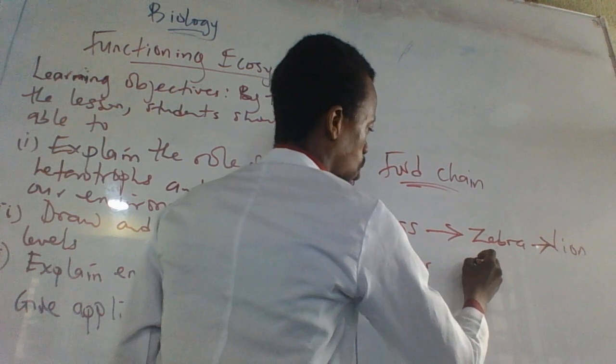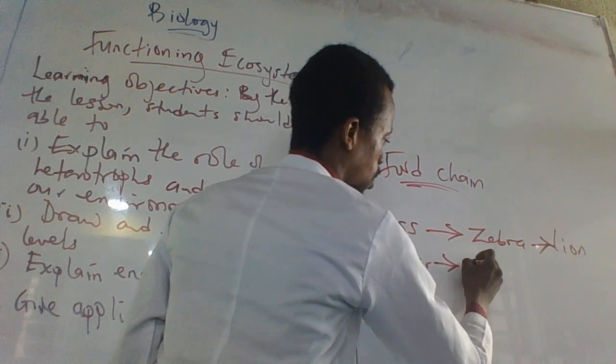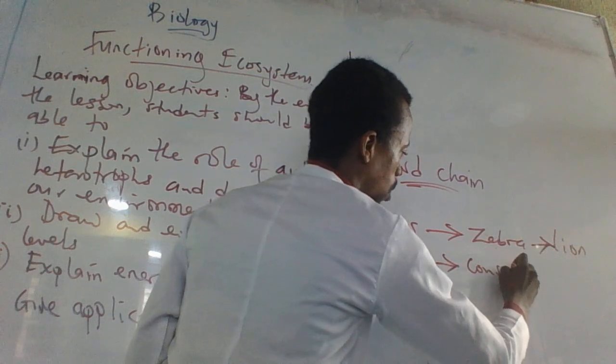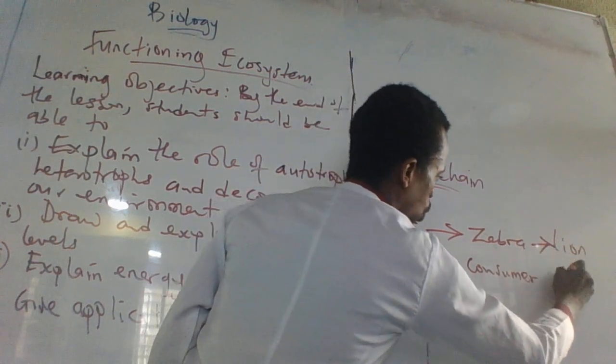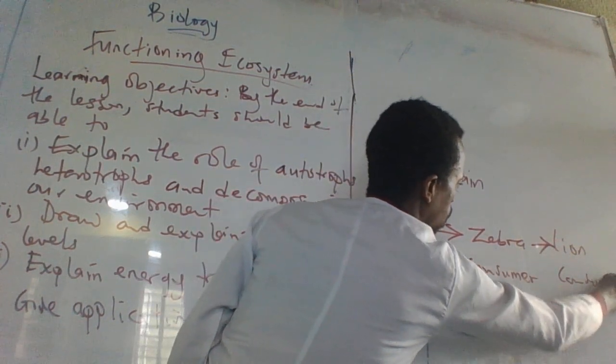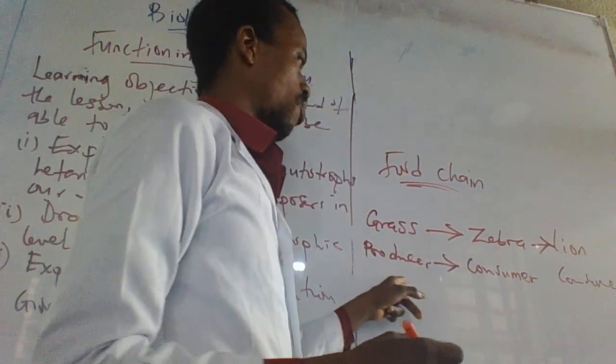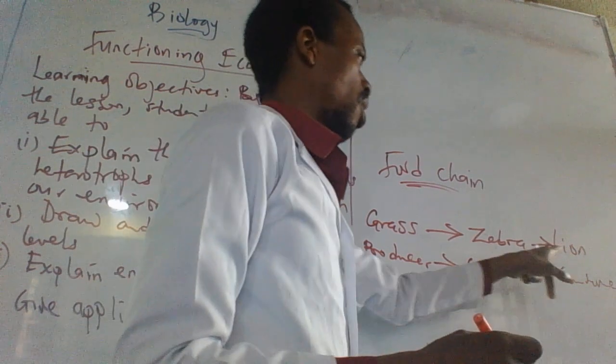This one is the consumer. We have the producer, the autotroph, then we have the heterotroph.